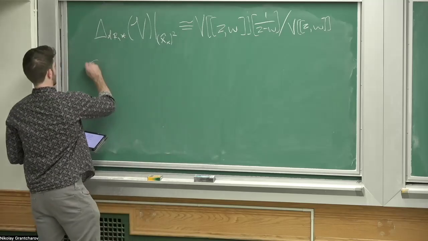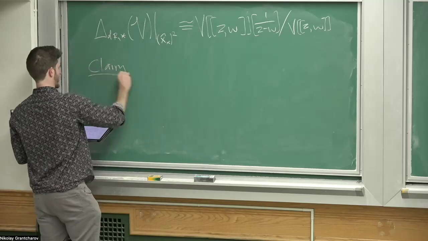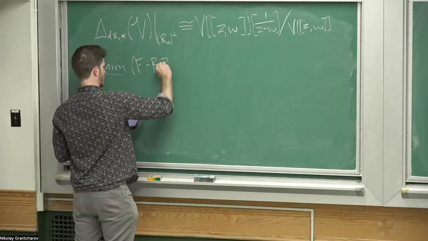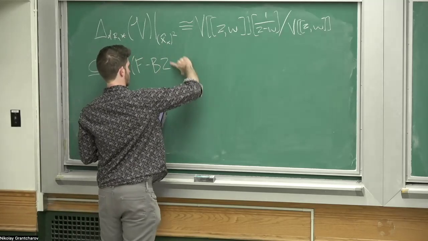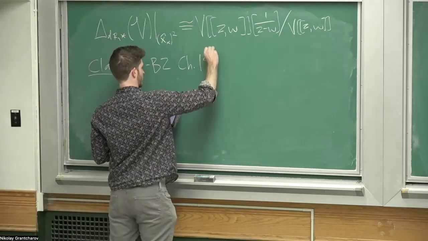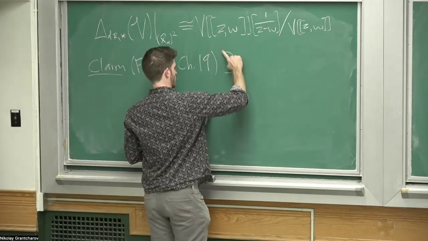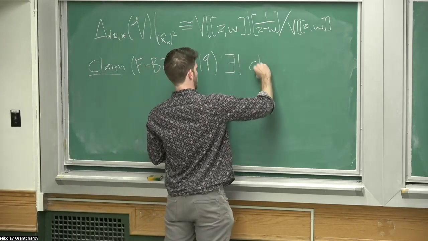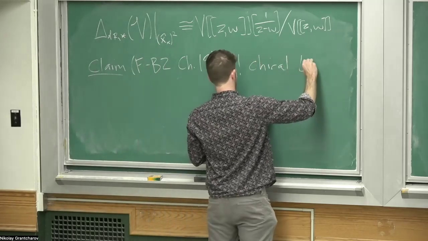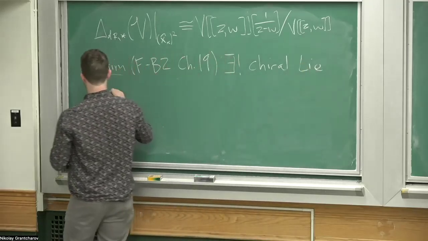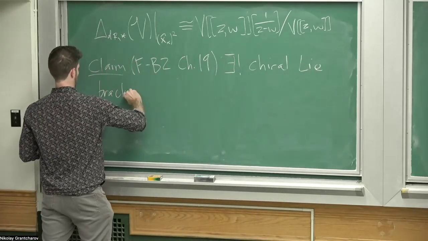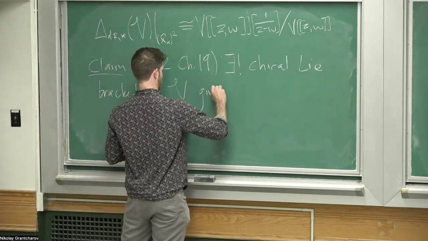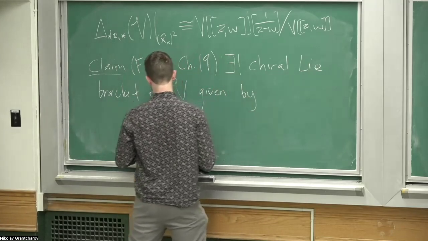Okay, so now I can characterize this power Lie bracket by a formula in terms of the state-field correspondence. This is carried out in detail in Frenkel-Ben-Zvi chapter 19. So the claim is there exists a unique power Lie bracket of the form I wrote up there, given by the following formula.